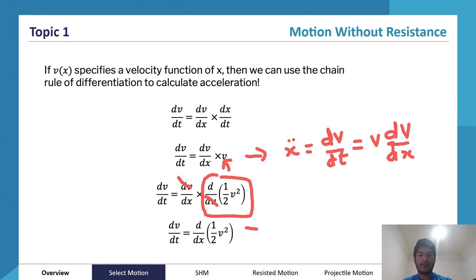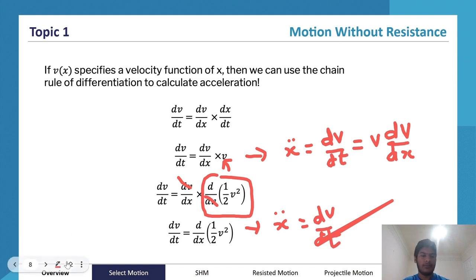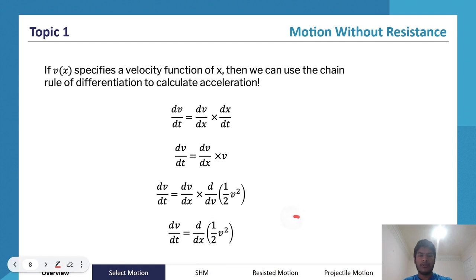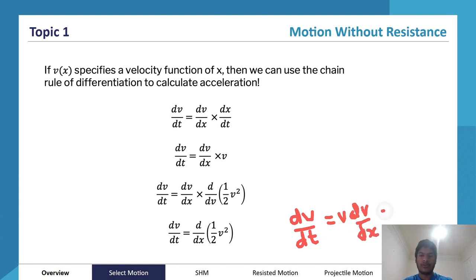So we get x double dot equals dv dt, which equals v dv dx. That's one form, and that's also equivalent to d by dx of v squared on 2. So we have our two forms of acceleration.